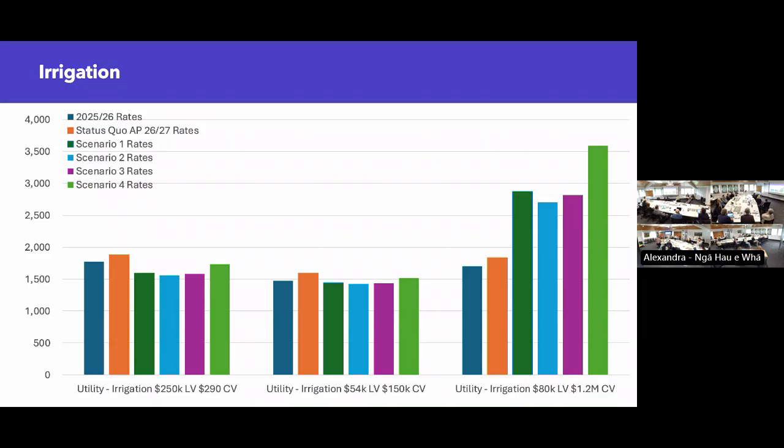Has anyone looked at utility types and different differentials, given that some utilities are going to have very high cost tech within them, while others are a bit more rudimentary, because that's going to really drive things from a valuation point of view. You think about what's in the water. I'm just thinking about the civic water, and what's been enforced to have to go into there now.